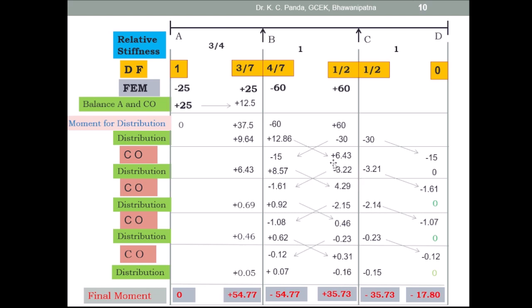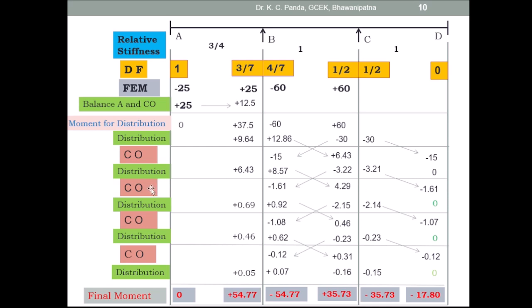Then take the joint C, and what is the unbalanced moment at joint C, and that moment is balanced by multiplying with the distribution factor. 6.43 into half, you have to put in opposite sign, minus 3.22, and 6.43 into half is equal to minus 3.21. Then here the moment minus 15 into 0 is equal to 0. So this is the distribution or balancing of the joint.